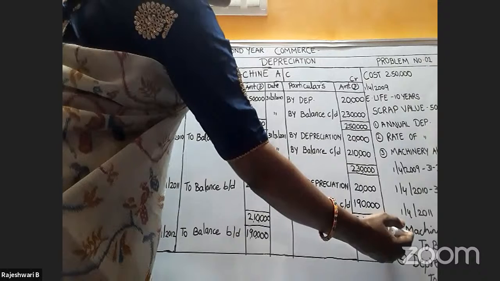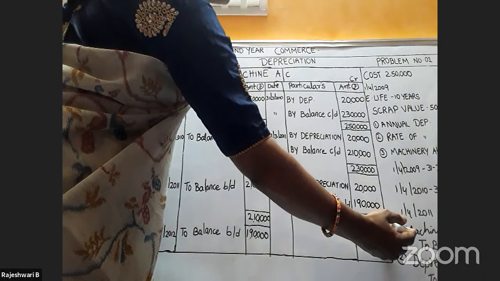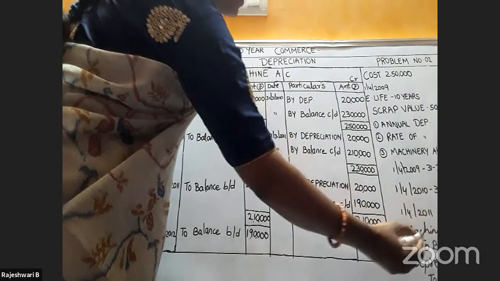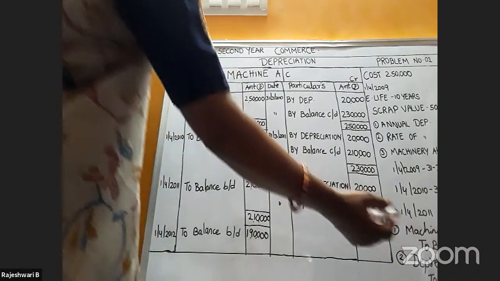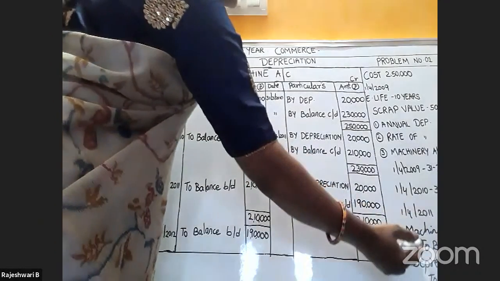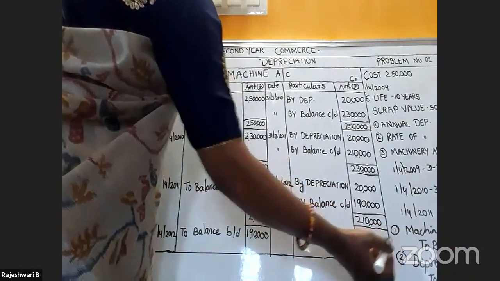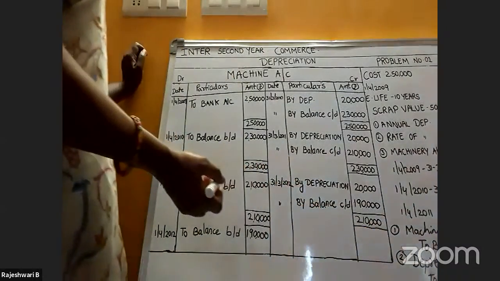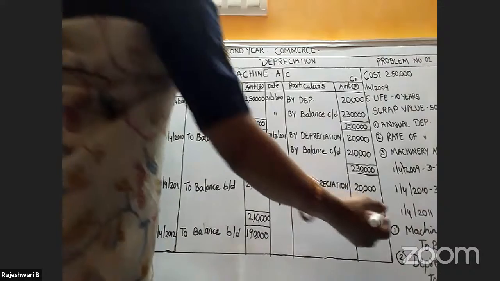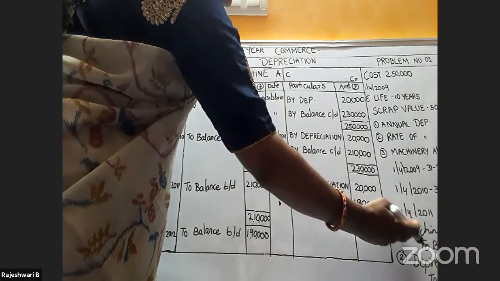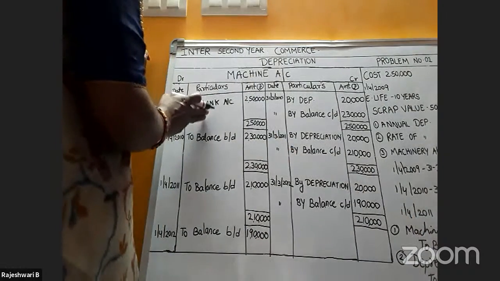The machine is coming into the business, so we debit it. Cash is going out of the business, so to bank account. This is the journal entry for the first transaction.